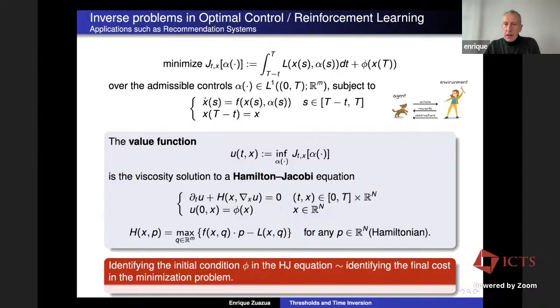So the new algorithms developed by DeepMind to multiply matrices are inspired on reinforcement learning ideas. And as you know, reinforcement learning is kind of a simultaneous treatment of the inverse problem and the control problem, right?